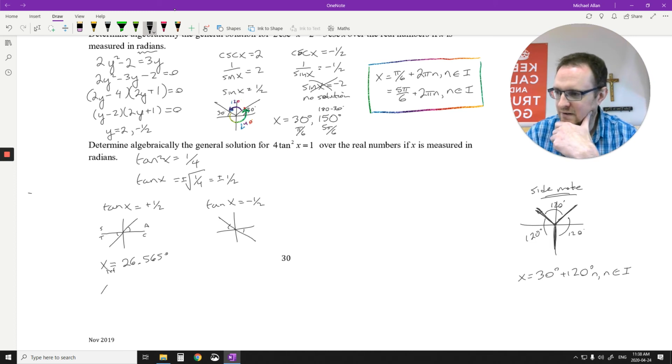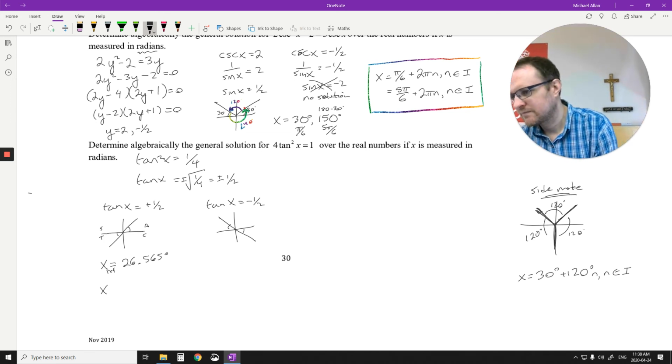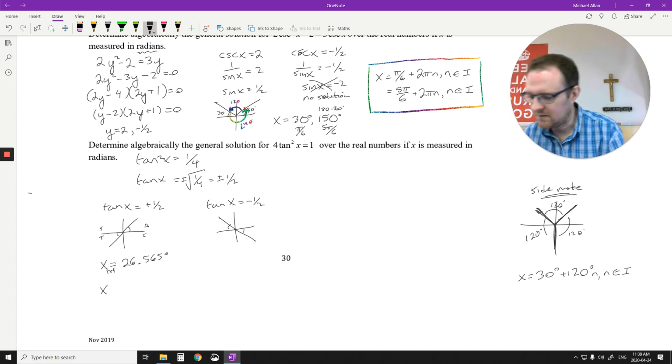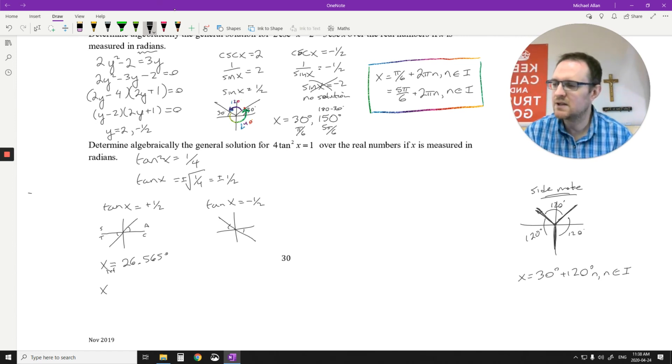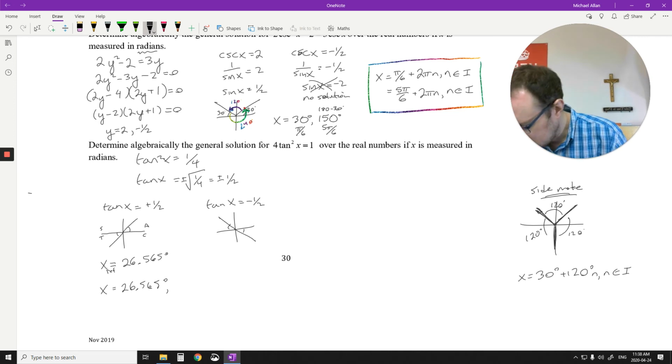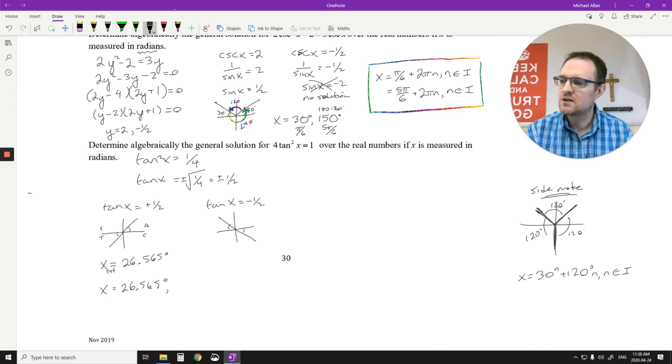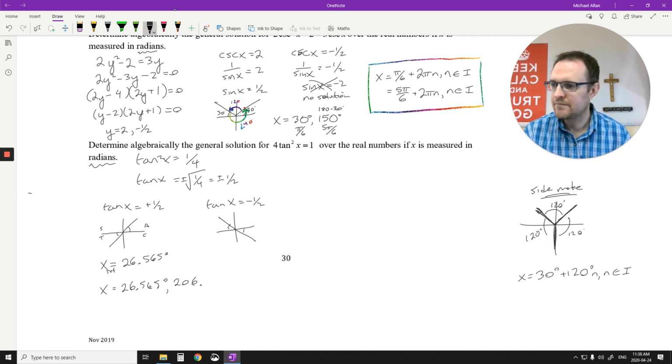I'm going to just go with the degrees, and I'll change it to radians in a bit here. X is going to be 26.565, and 180 plus that answer, 206.565. That's for the first one.